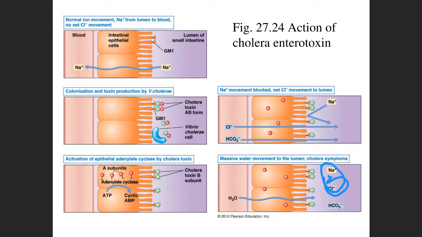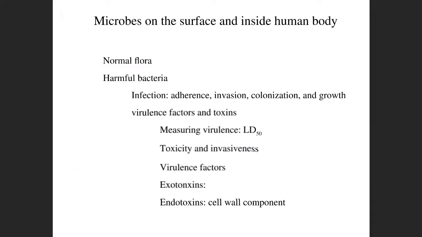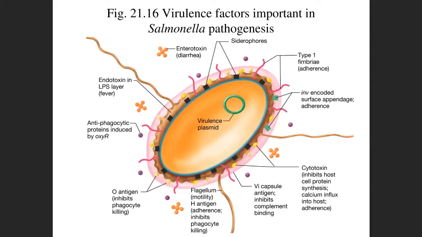Right? So that's what we wanted to talk about, the exotoxin. And then you have another class of toxins called endotoxin. Okay, endotoxin. And endotoxin, let me go back to here. Endotoxin.